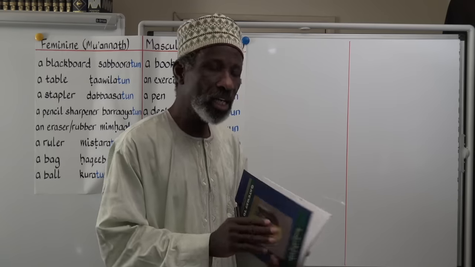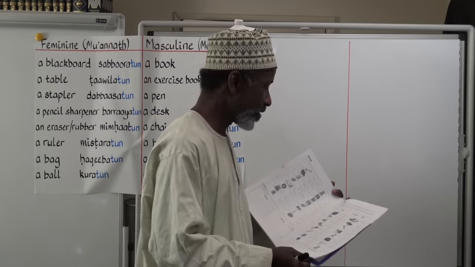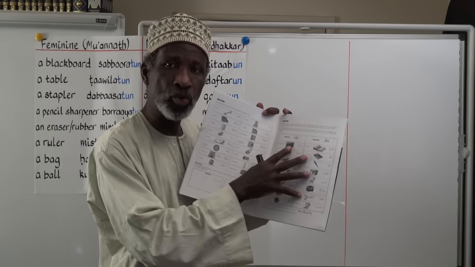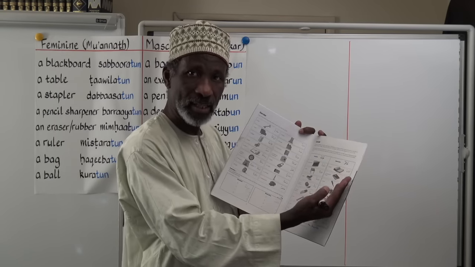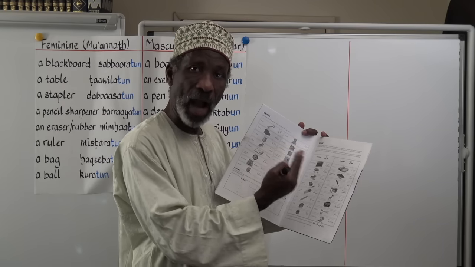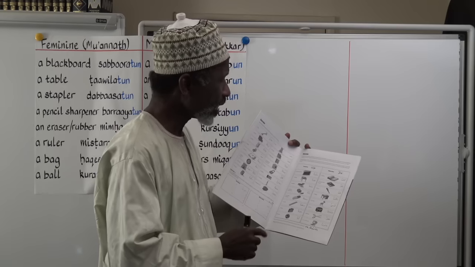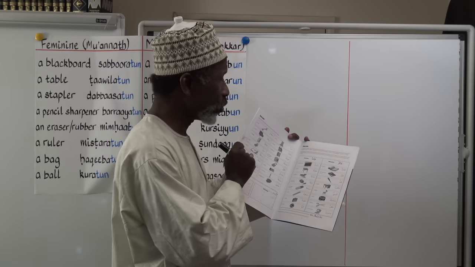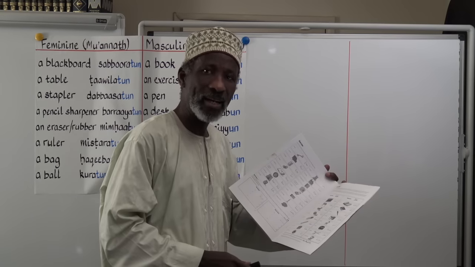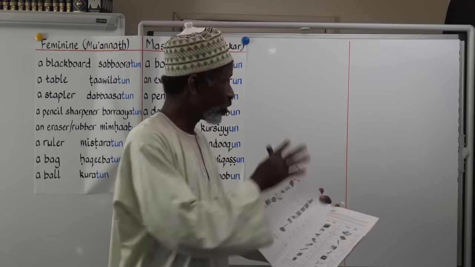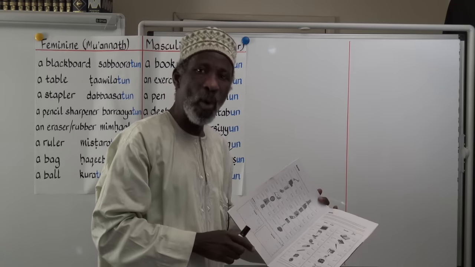Let's start with the list on page 2. You are reading from right to left across the page. Let's make the two lists. One section this side will be for mudhakkar, masculine, and the other side will be for mu'annath.